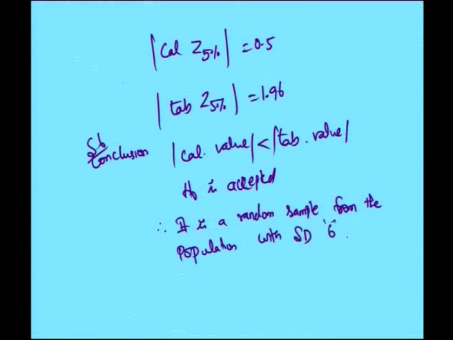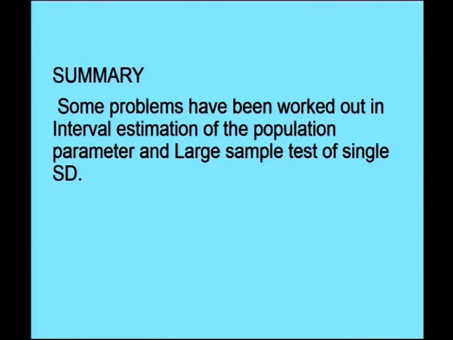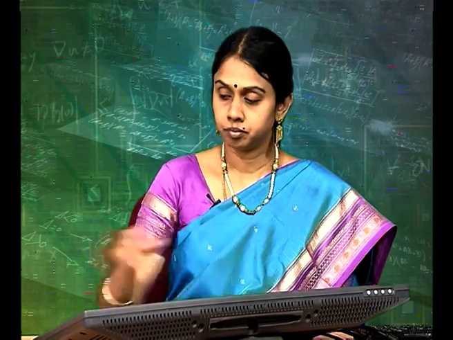In this session, some problems have been worked out in estimating the interval values of a population parameter, and also, in continuance with the large sample test, some problems have been worked out in the large sample test for single standard deviation.